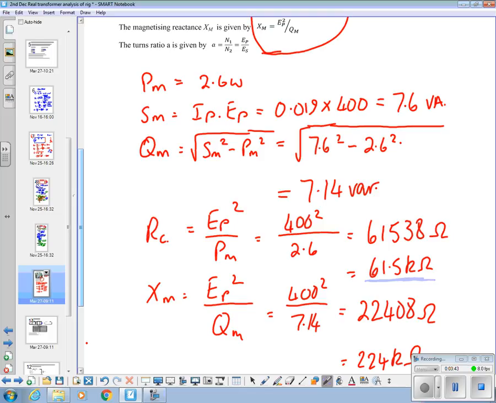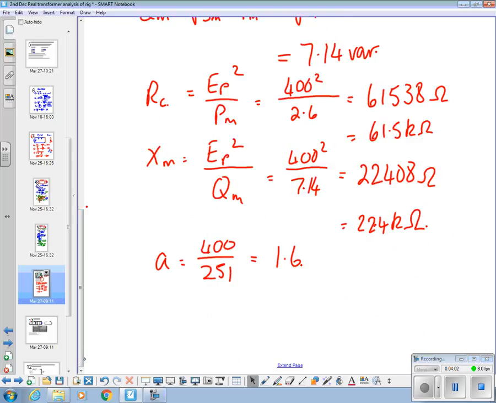And then find the value of the magnetising reactance from EP squared over QM. 400 squared over that, 22.4 kiloohms. Again, to 3 significant figures.